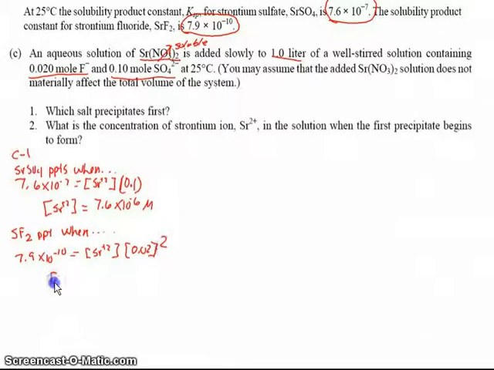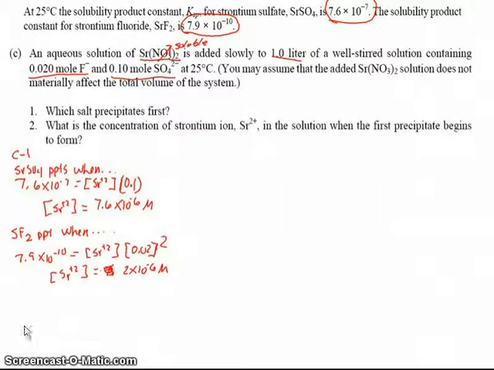So now solving for Sr2+ using your calculator should give you a strontium concentration of 2 times 10 to the minus 6th molar when we punch that through a calculator.